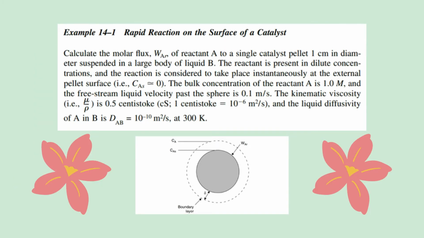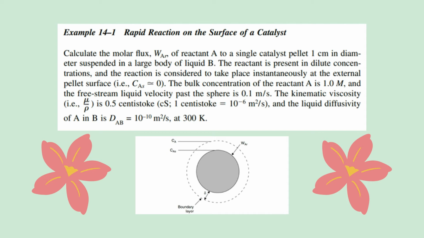Here is a sample problem. A rapid reaction on the surface of a catalyst. Calculate the molar flux of reactant A to a single catalyst pellet 1 cm in diameter, suspended in a large body of liquid B. The reactant is present in dilute concentrations, and the reaction is considered to take place instantaneously at the external pellet surface.